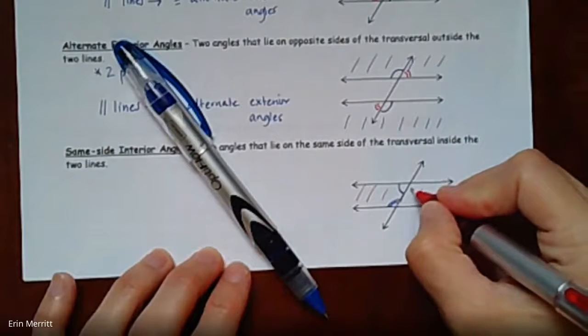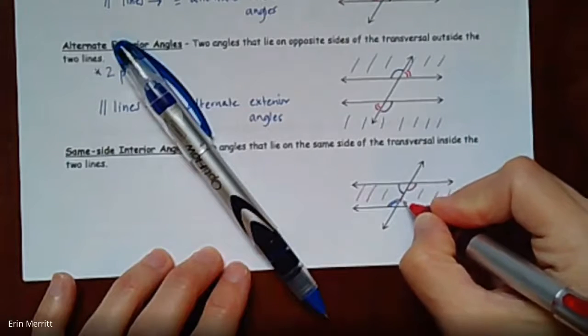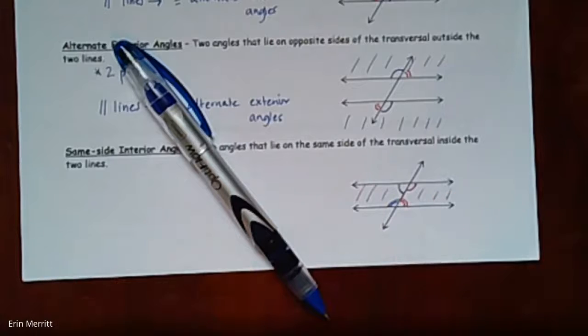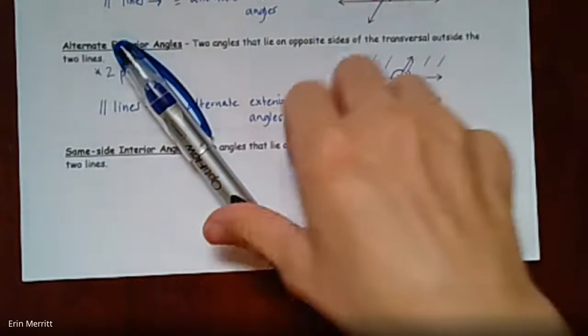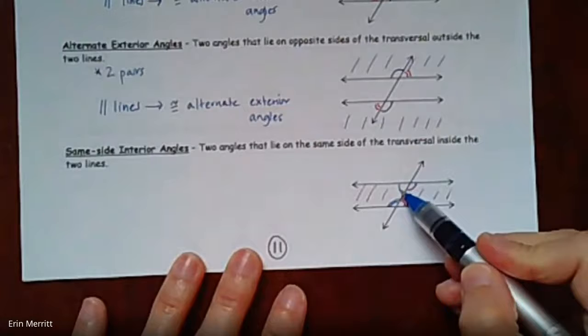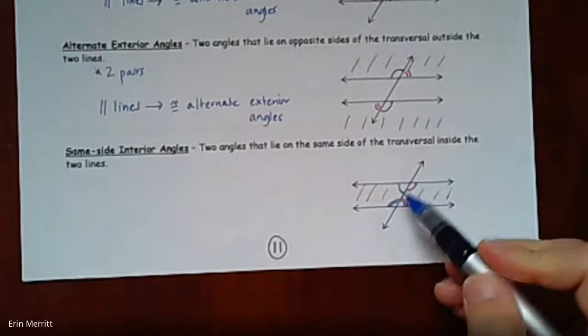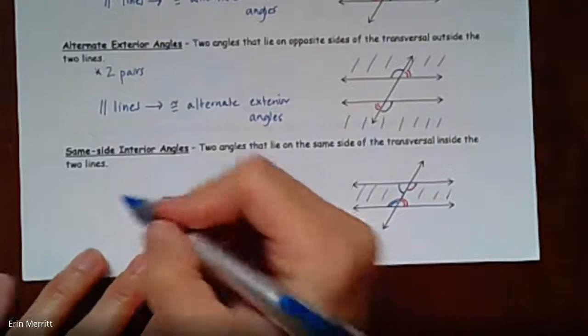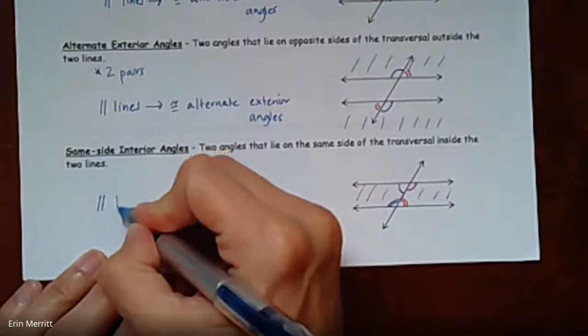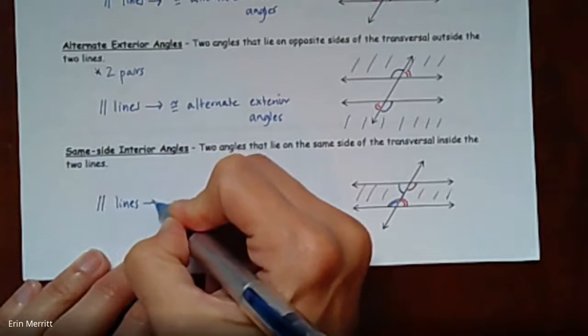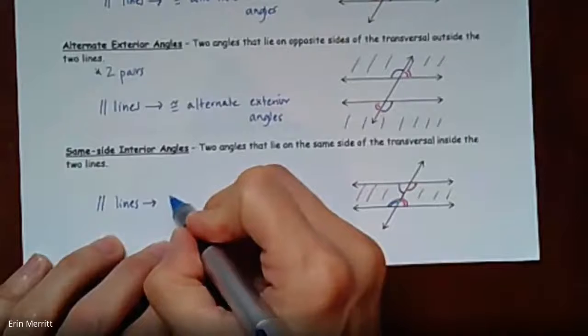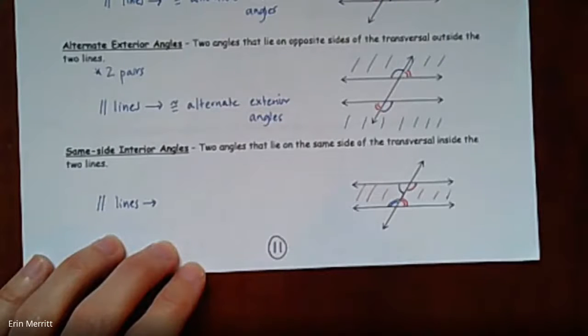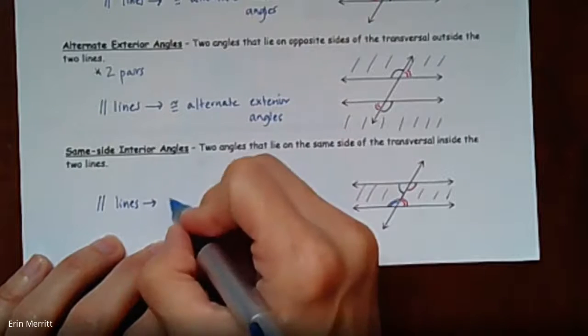Now you're going to notice I'm not marking them the same, and that's because they're not equal. It should be super evident that one here is acute and the other one is obtuse. They are not congruent to each other, but there is a relationship. Parallel lines imply that same side interior angles are supplementary.